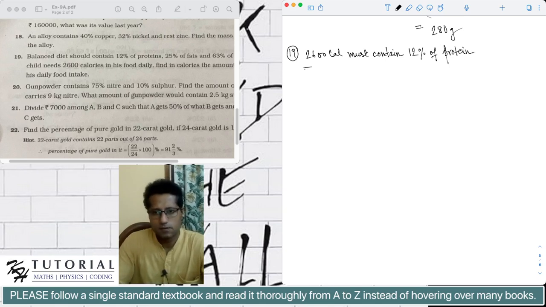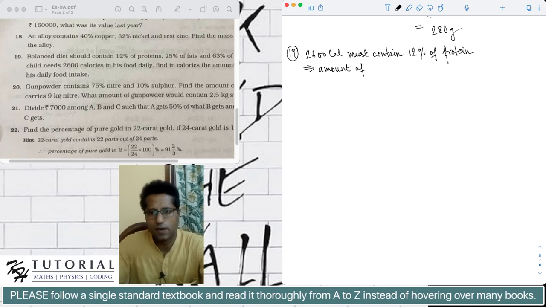So this implies that the amount of calorie from protein will be equal to 12% of 2600 calories.